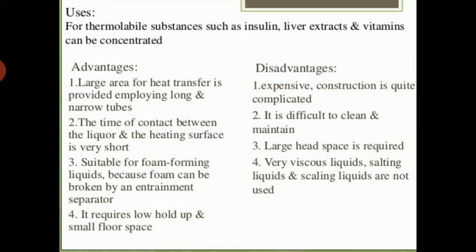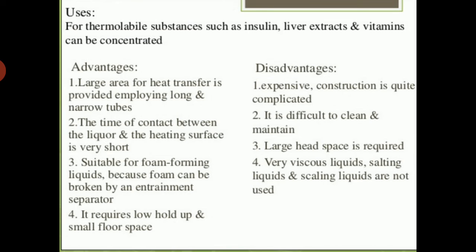Low cost, easy to install, requires less space for installation, and it is suitable for liquids that do not crystallize and can be used for batch or continuous operations. The disadvantage is that it is not suitable for viscous liquids because of poor circulation.